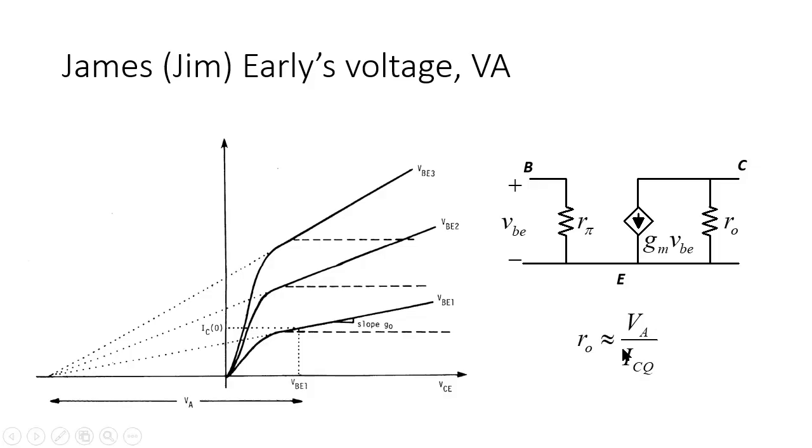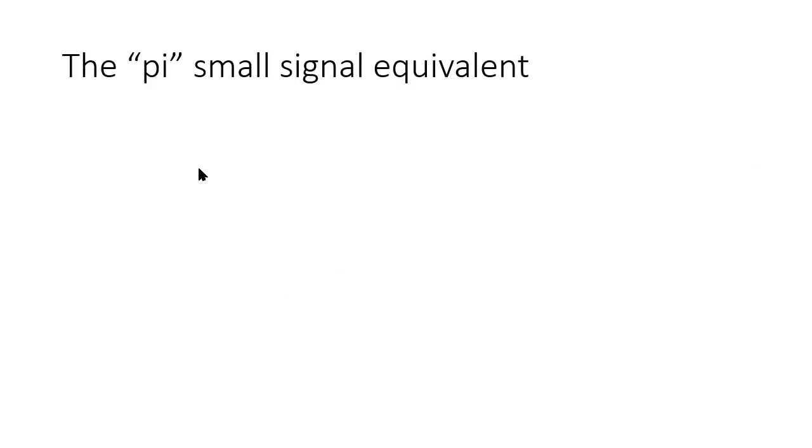That's how we compute the additional resistor of the small signal model of the transistor connected in a common emitter configuration, R0, the early voltage, divided by the quiescent value of the collector's current. The pi small signal equivalent, again, it's perfect for common emitter configurations.